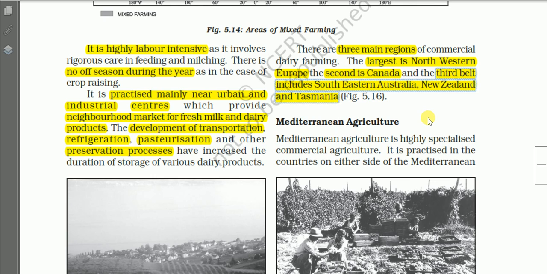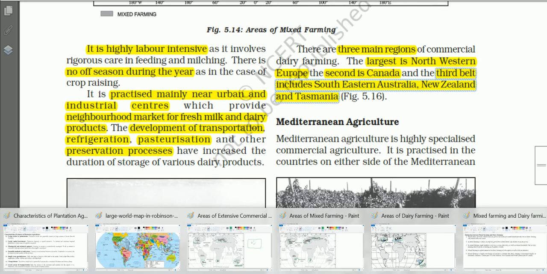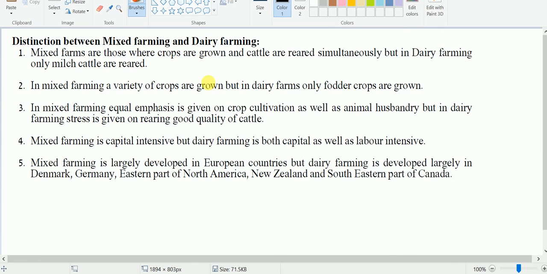Now can you find out some points of difference between dairy farming and mixed farming, boys and girls? So let us find out. The first point of difference is that mixed farms are those where crops are grown and cattle are reared simultaneously.